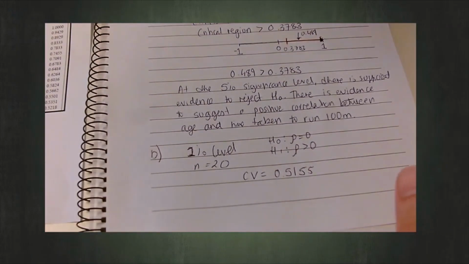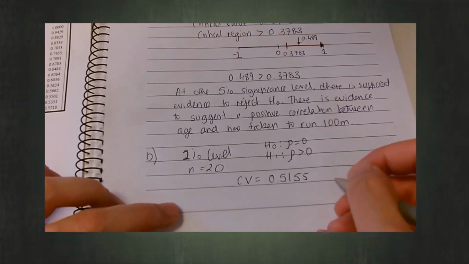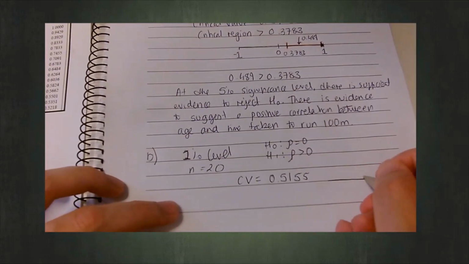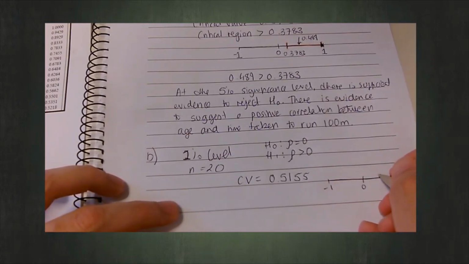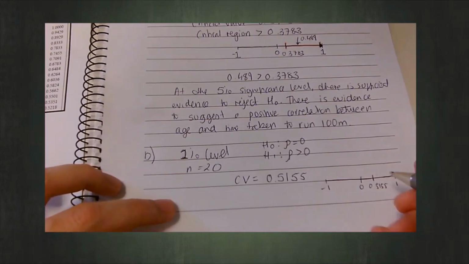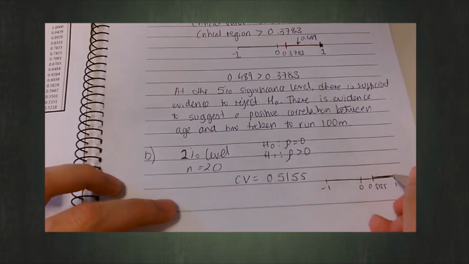What you should notice now is that the critical value is 0.5155, and therefore its critical region is everything to the right of it, because we're still doing a one-tailed test.